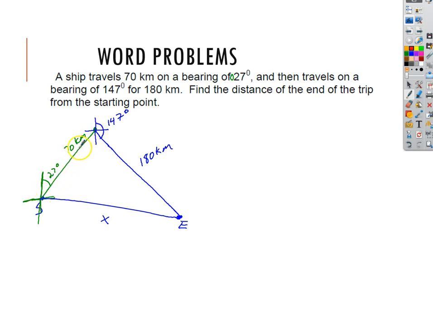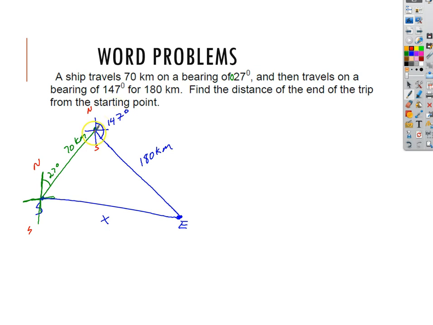When I draw my north and south lines, they're always parallel. So I'm going to reach way back in time, back to geometry, 2 whole years ago. This north line and this north-south line are parallel, and they're being cut by a transversal, the boat moving on there.